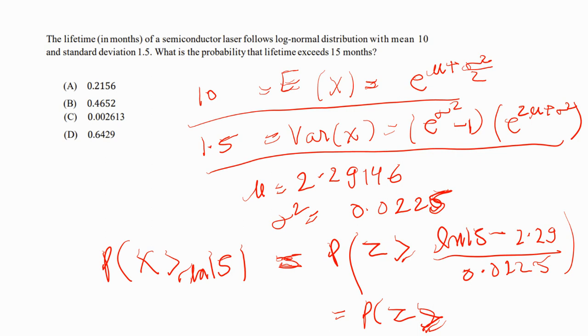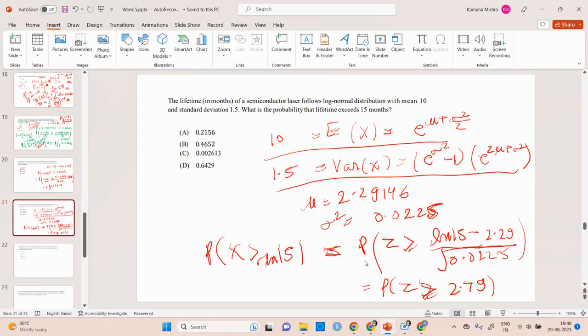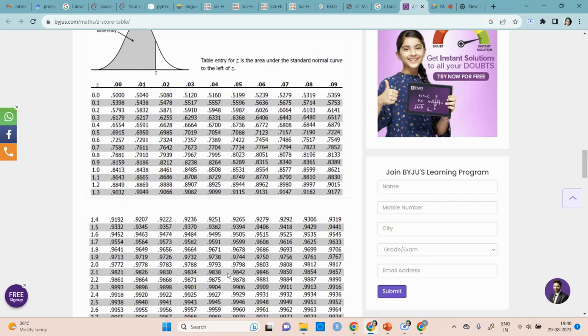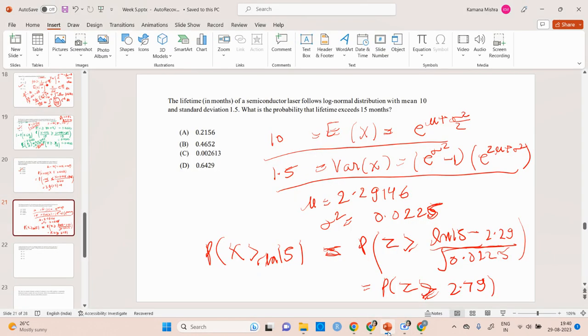So 0.418, ultimately when you solve it, it will be 2.79. So at 2.79 you can check the value. At 2.79 it is 0.9974.